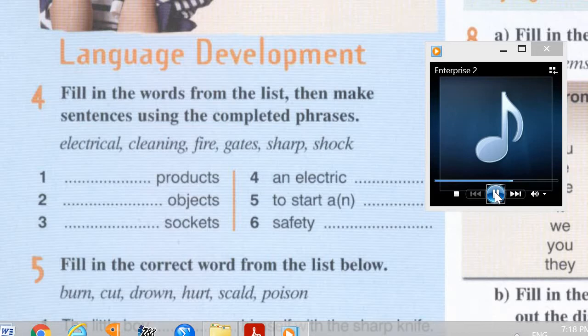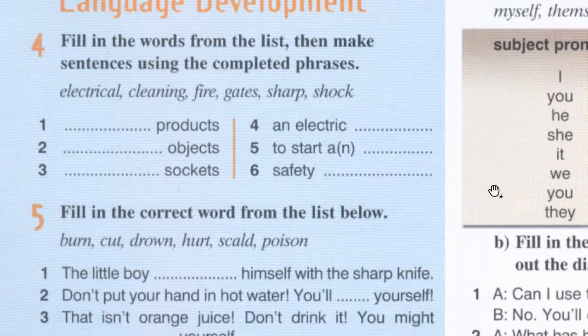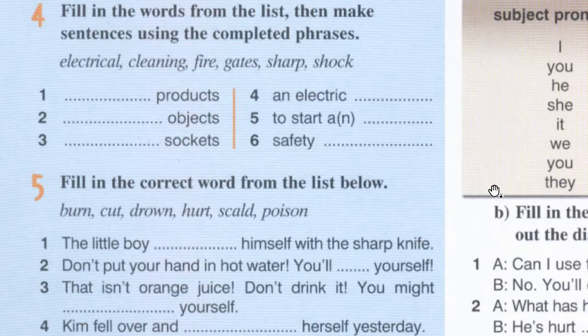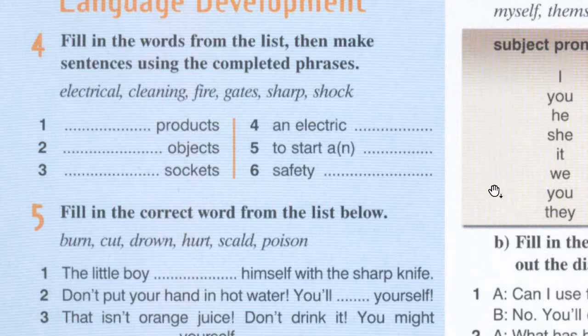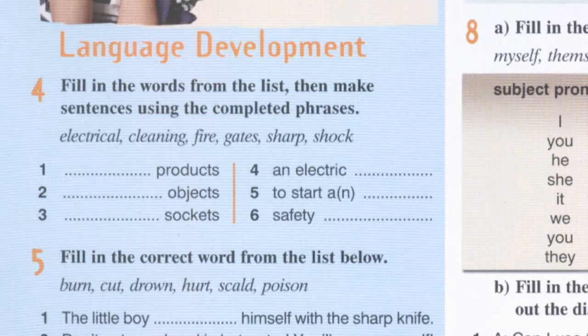They might start a fire and burn themselves. Fit safety gates at the top and bottom of the stairs. Your children could fall and hurt themselves. Put a fence around any ponds or pools in your garden. Your children might fall in and drown.